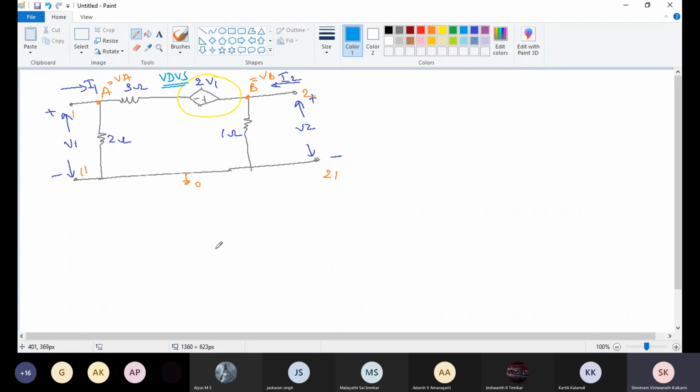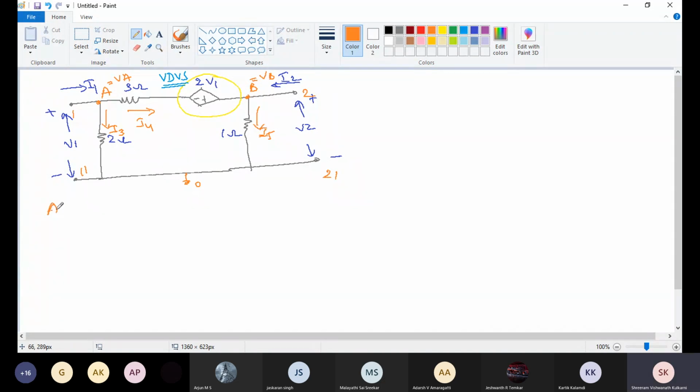Now next step, mark the branch currents: I3, I4 and I5.